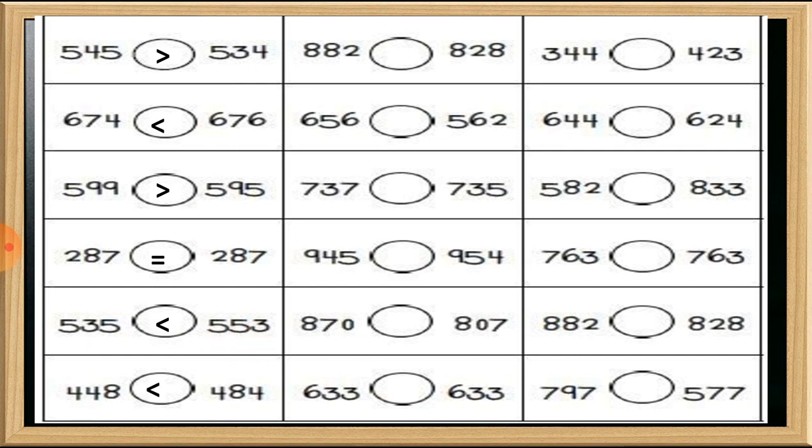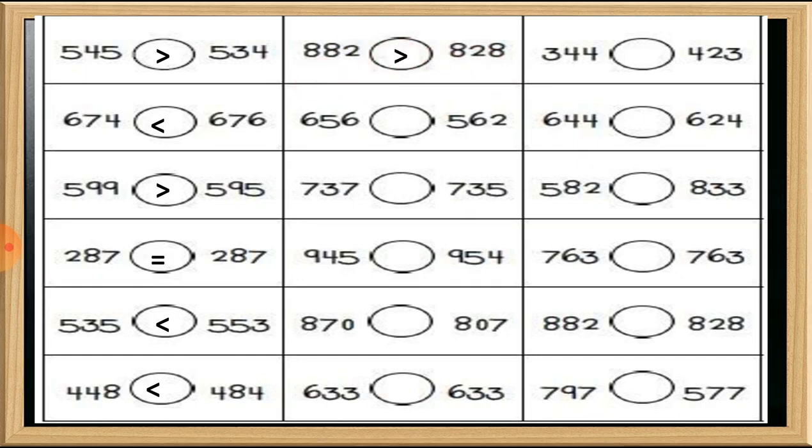So 484, this number is a bigger number. Here is 882 and 828. So here 882 is a bigger number because the hundreds value is the same both the sides. So let's check the tens and ones value. Here is 82 and here is 28. So this 882 number is big.